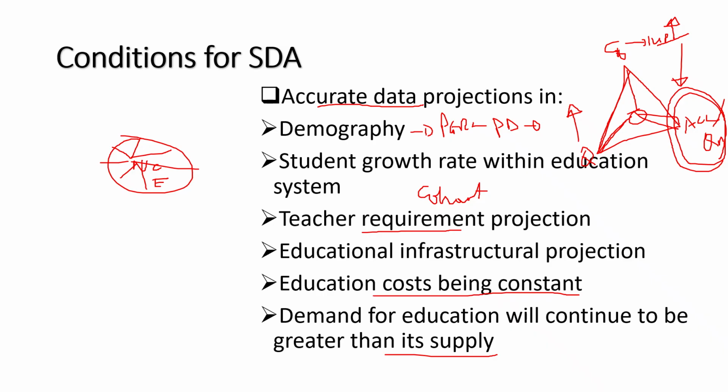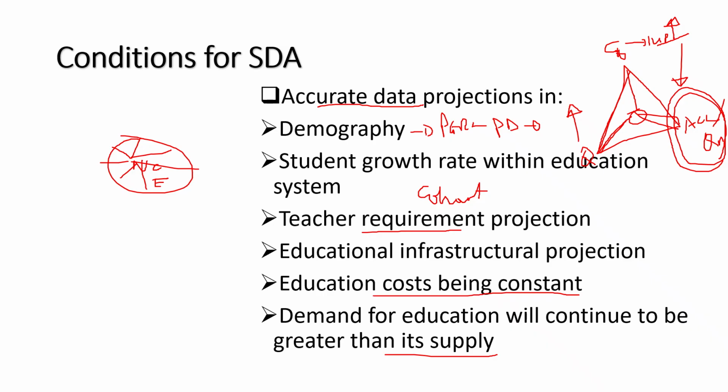So to balance these three, cost, quality, and access, it needs planners to be very analytical and thinkers, to ensure that the available small budget of education is used to meet these needs.